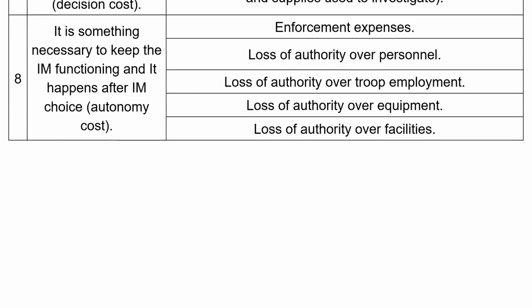About autonomy costs, we can use as indicators all enforcement expenses, time, personnel, everything, facilities used to oversee the mechanism, etc. If you lose authority over your personnel, if you lose some employee, he's not going to work anymore for defense, but for the mechanism.